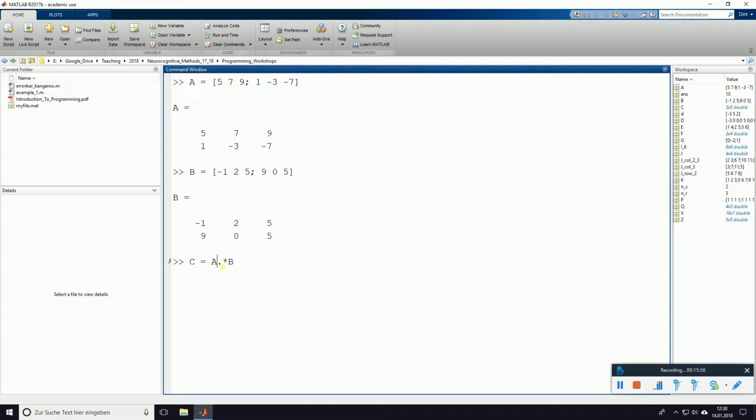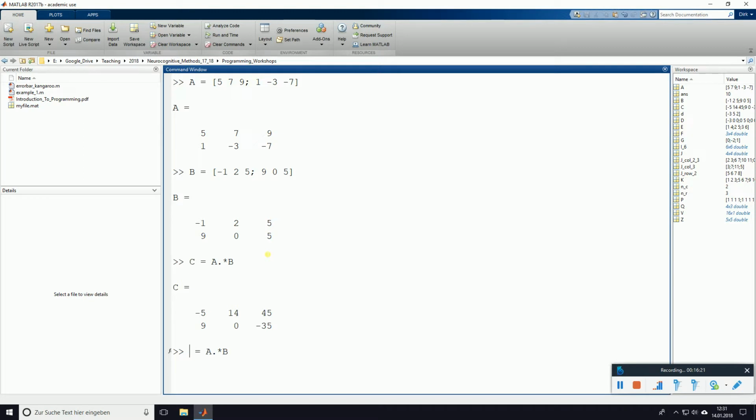The important thing is that you use this dot before the multiplication operator. In this case, there would be an element-wise multiplication of the entries of A and B. So you get 5 times -1, -5, 7 times 2, 14, 9 times 5, 45, and so on. So that's what you get.